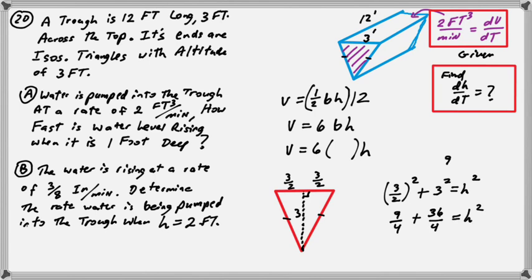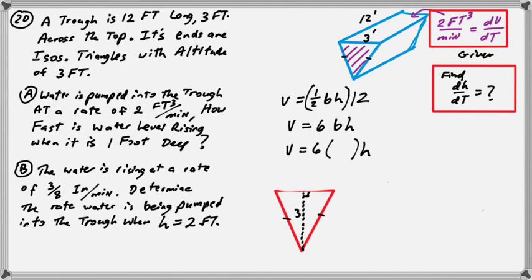And so what does that give me? 45 over 4, I believe, for h squared. So what does that make this side? I'm not even sure we need this side, so I'm not going to bother with that. I apologize. I think I was spinning my wheels, because I only want the base and the height. I don't even think I need to split this.